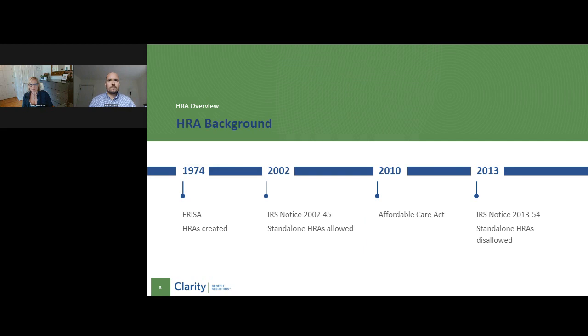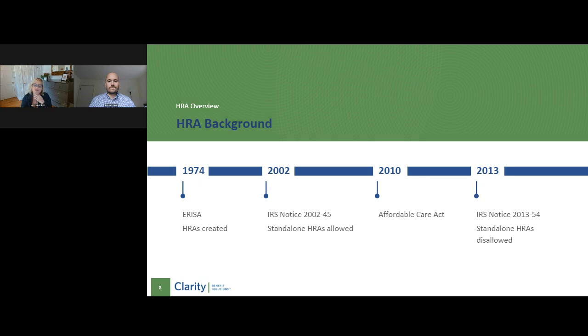How did HRAs come to be? We're going to take a quick glance at the history of this important benefit. So in 1974, Congress passed the Employee Retirement Income Security Act, or ERISA. One of the after effects of this landmark legislation was the official creation of Health Reimbursement Arrangements, or HRAs. Part of ERISA's intent was to make sure that employers' arrangements for health benefits were provided fairly to all employees.